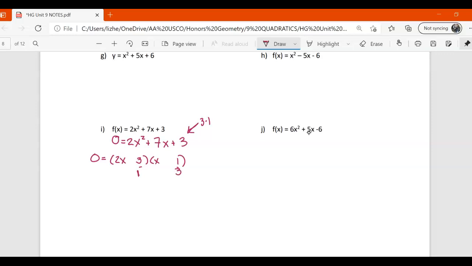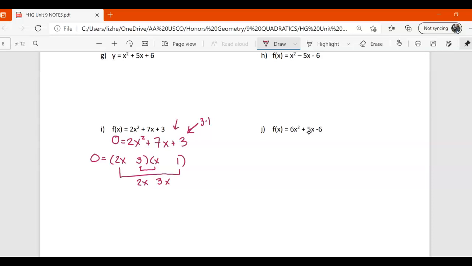And so when you look at this, remember when you FOIL, let's do it first with the 3 and the 1. When you do that, you're going to take this times this number, and you get 2x. You're going to take 3 times x, and you get 3x. Remember, this plus sign right here says the signs are going to be the same.